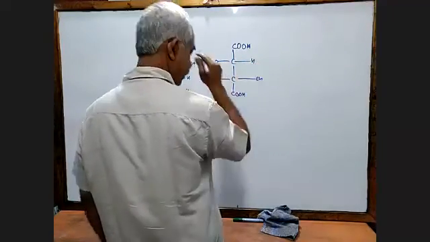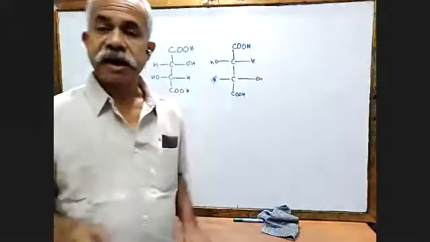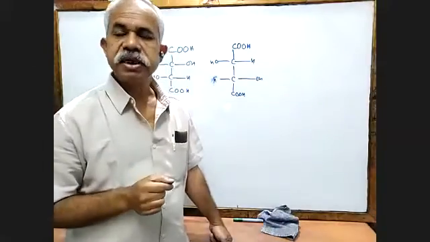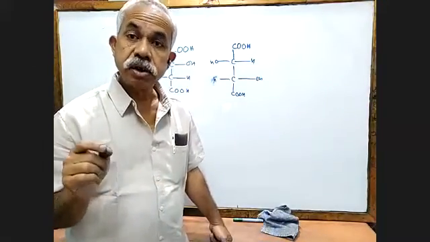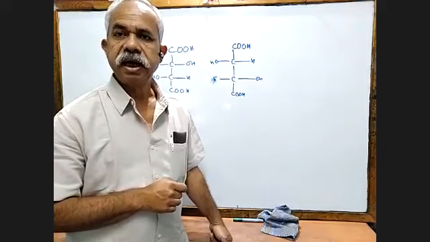Okay, now see here. I'll tell you. After writing the molecule, if you can find out how many asymmetric carbons you have, from there theoretically you can predict the number of optical isomers.